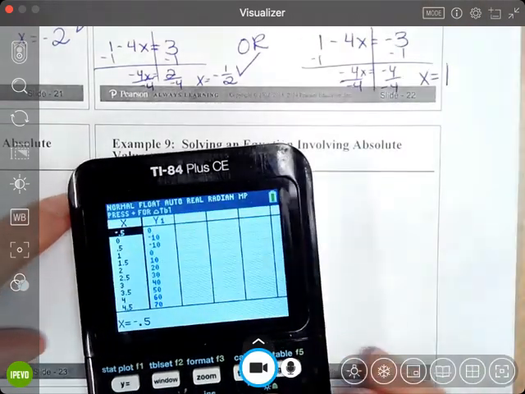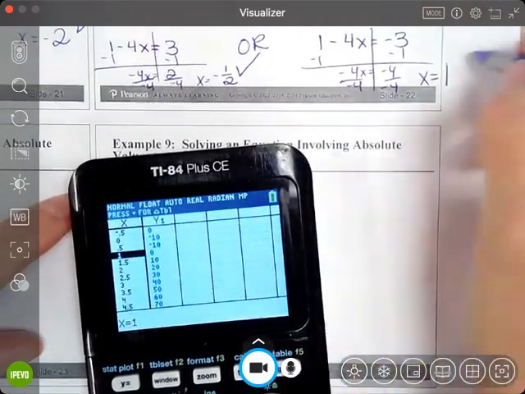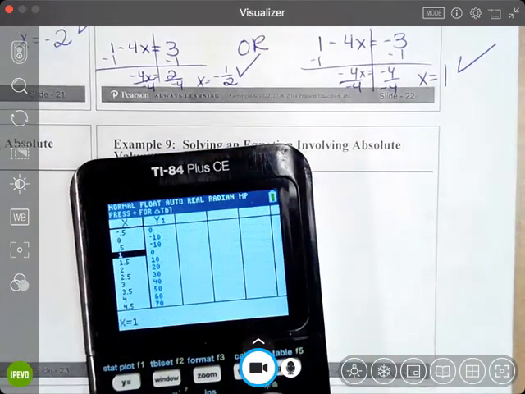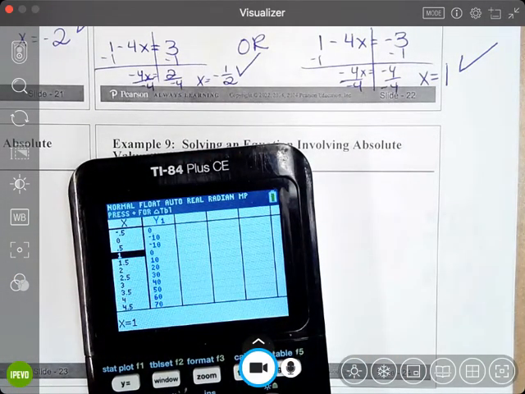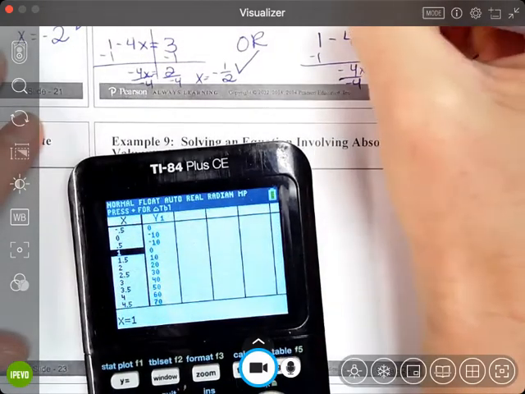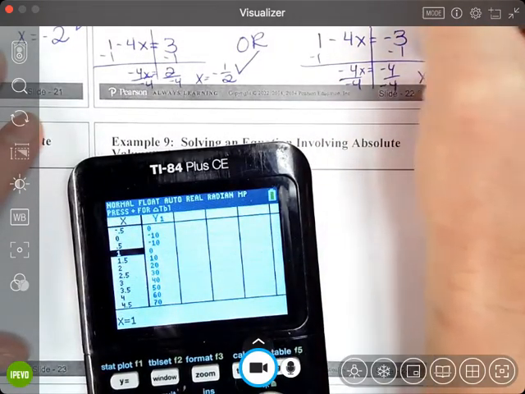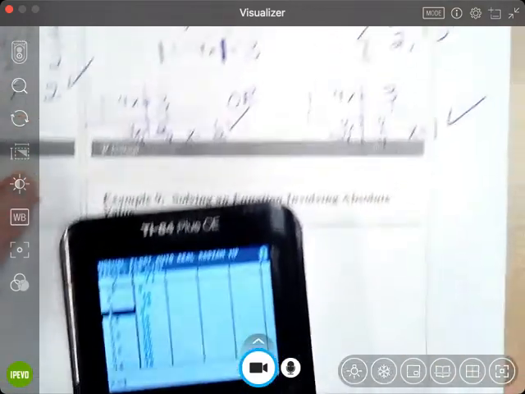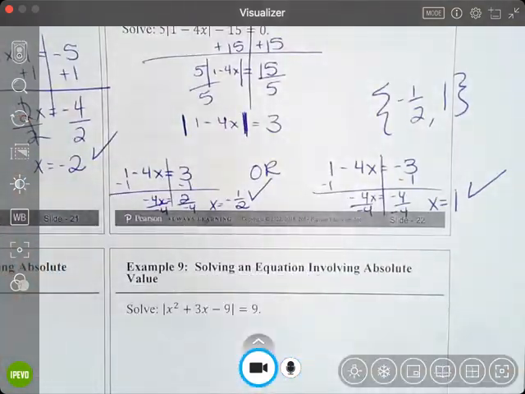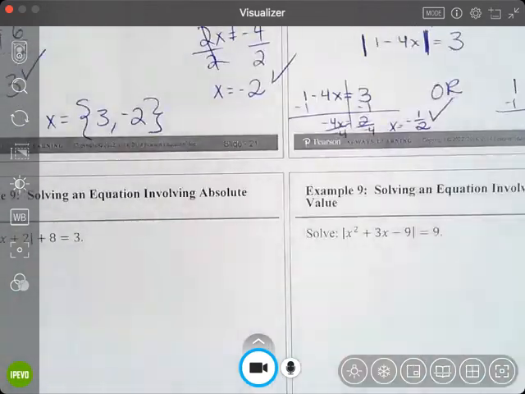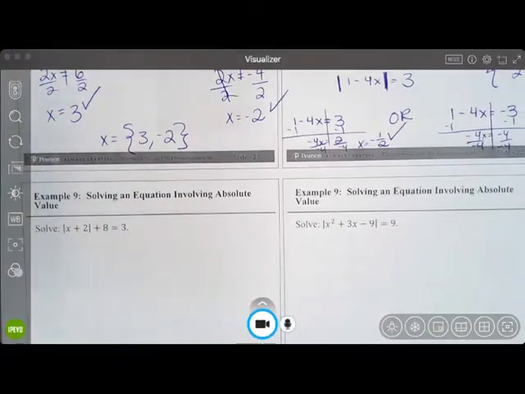It works. What about positive 1? It works. Okay, so then we can say negative 1/2 and 1.